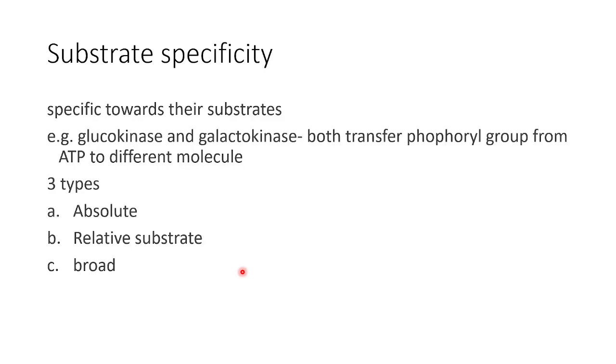Now, substrate specificity is that it should be specific towards the substrates, like glucokinase and galactokinase, which both transfer phosphoryl groups from ATP to different molecules. There can be three types: absolute substrate specificity, relative substrate specificity, and broad substrate specificity.